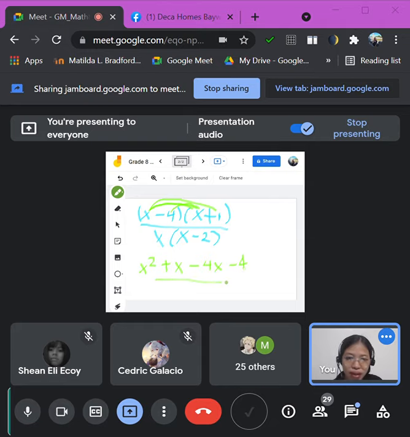Over, kanina sa distribute, x squared minus 2x. And then isimplify lang ni nato siya, x minus 4x, that is negative 3x. So, the final answer diha is x squared minus 3x minus 4 over x squared minus 2x.